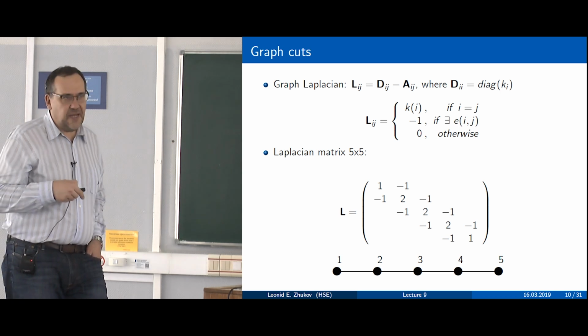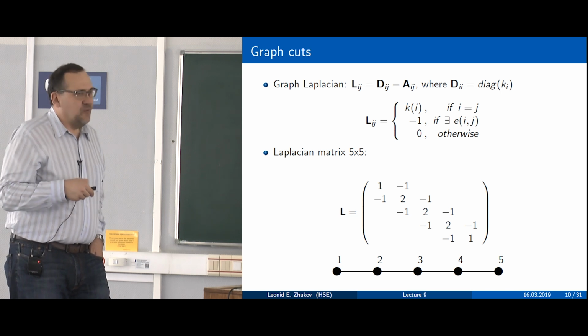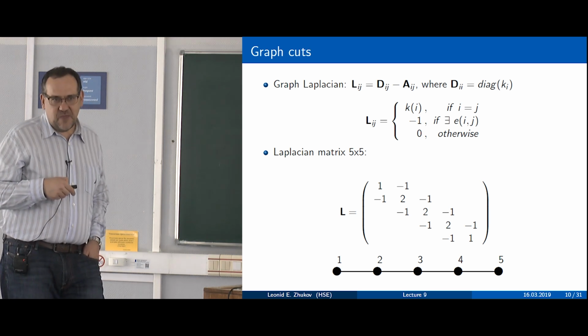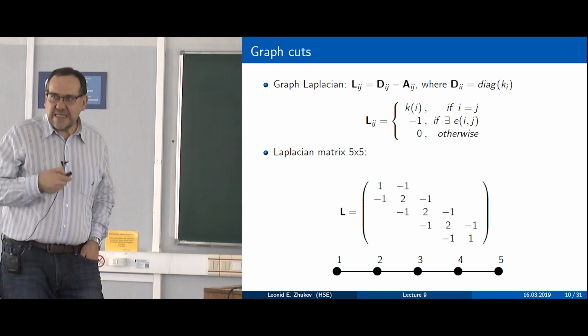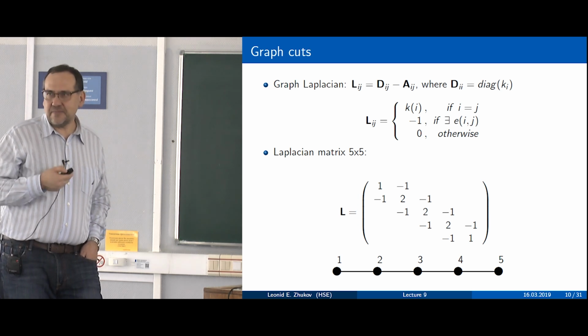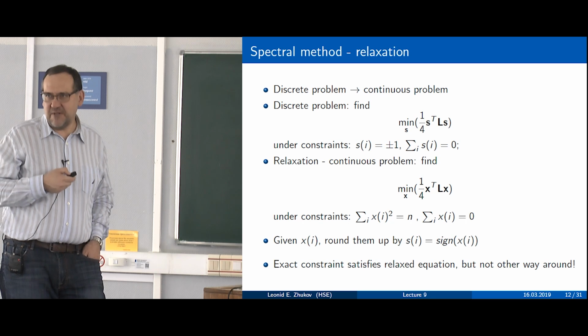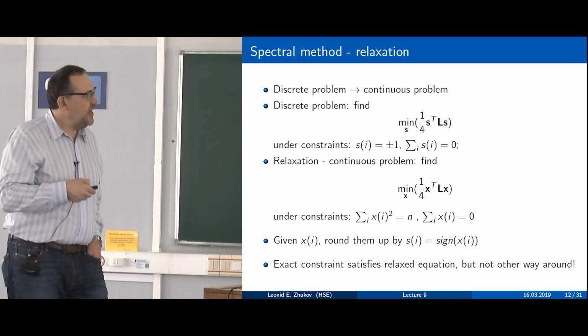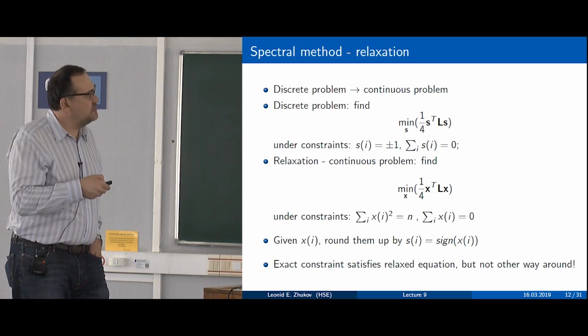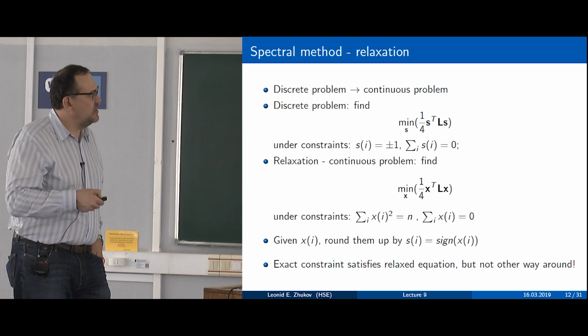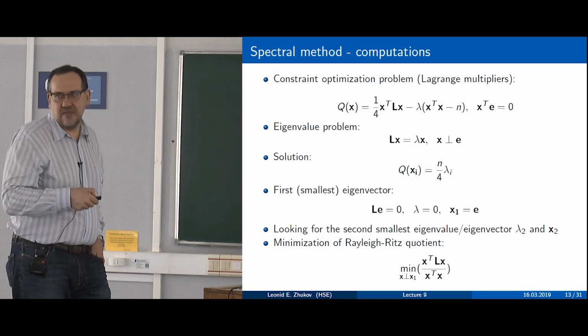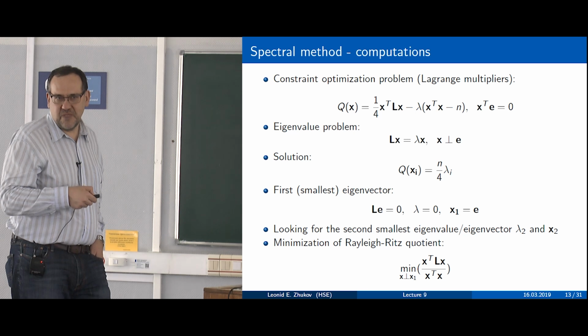Now, the thing is, we don't want that eigenvector, because if it is the eigenvector of all 1s, it means all the nodes belong to the same partition, right? And in fact, that solution will violate this constraint, because we need the sum equal to 0.